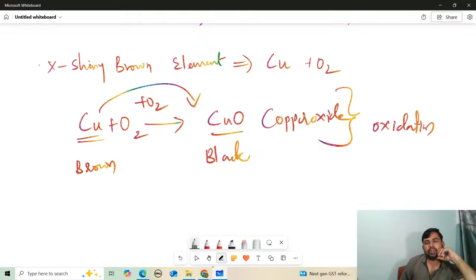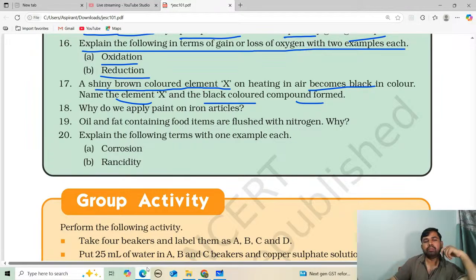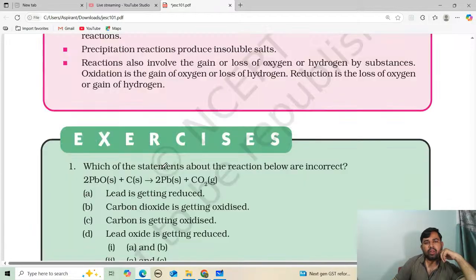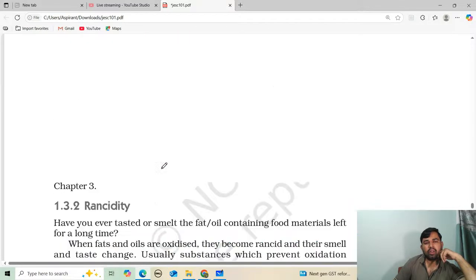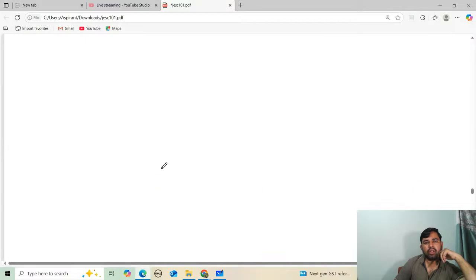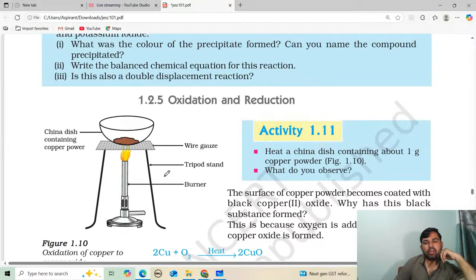You can see this activity. Here they have given the brown colored Cu metal, and they are supplying heat energy.